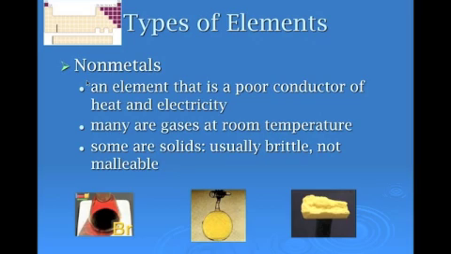A metal is a very good conductor of electricity, so a nonmetal is not. Many of our metals are solid at room temperature. A lot of our nonmetals are gases. So everything that a metal is, a non-metal isn't.